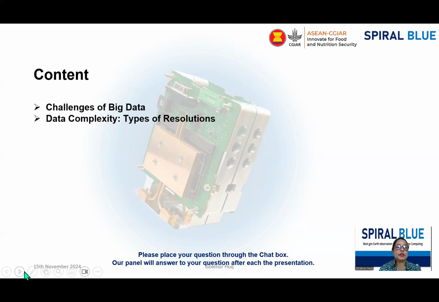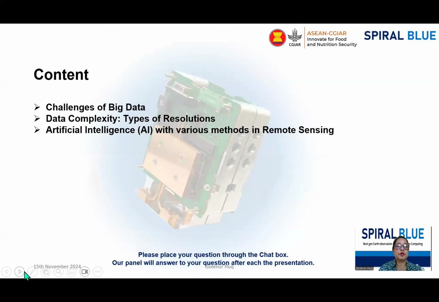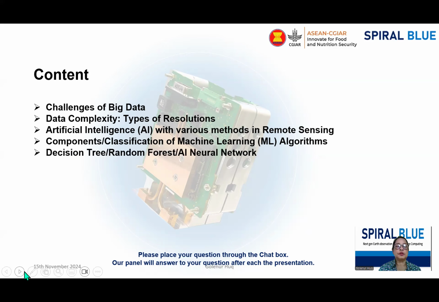Now I'm going to discuss, first of all, the challenges of big data, including data complexity and types of resolution. After that, I will provide an overview of artificial intelligence with various methods. At the same time, I will also discuss the components and classification of machine learning algorithms, including decision tree, random forest, and artificial neural network methods.